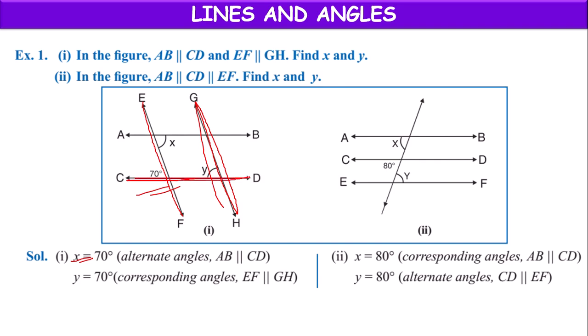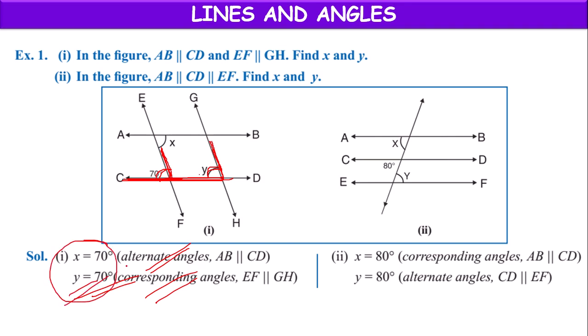According to letter F, if you take this shape, they will be in the form of letter F. Corresponding angles on the same side of the transversal are equal. So Y equals 70 degrees. So based on the alternate angles concept and the corresponding angles concept, we can find the values of X and Y.